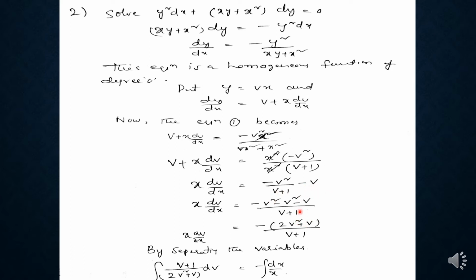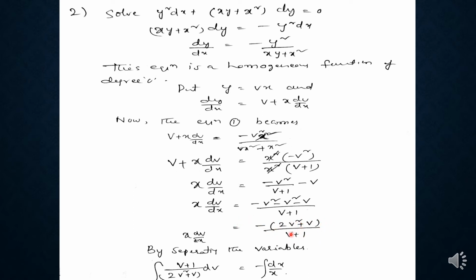That becomes like this. That is equal to minus 2v square plus v by v plus 1. So this is x dv by dx. By taking v common here, v into 2v plus 1. So by separating the variables here, this is totally a function of v.